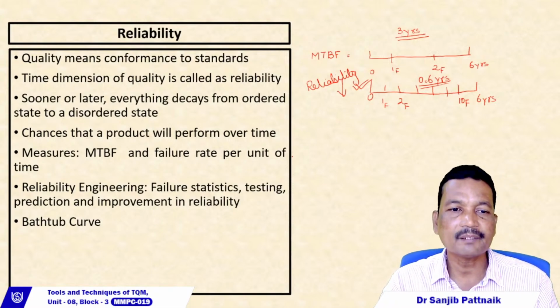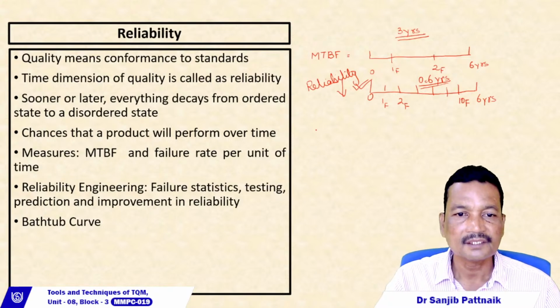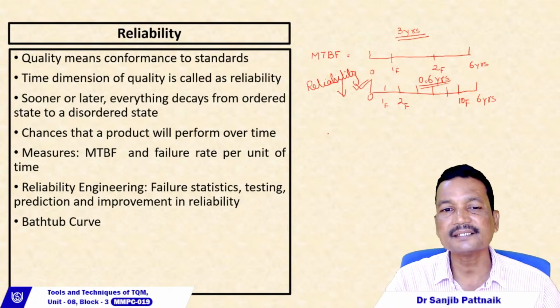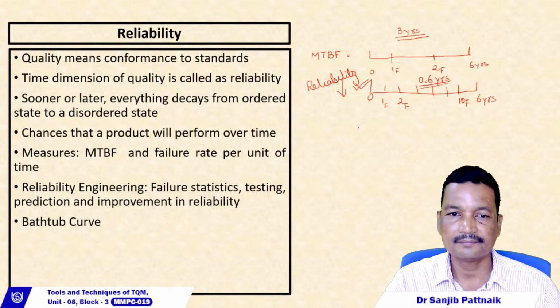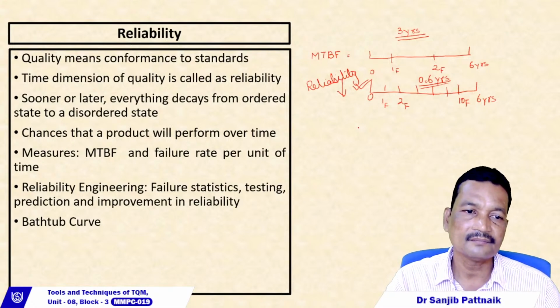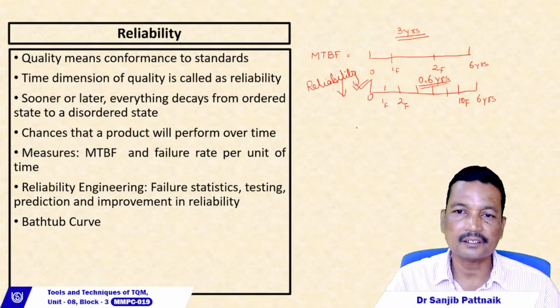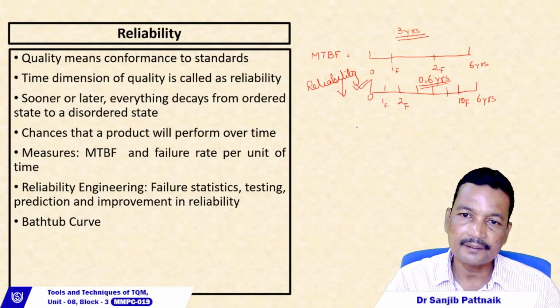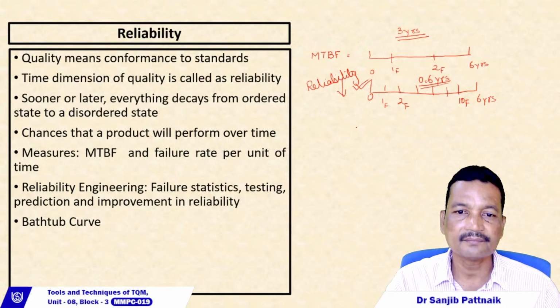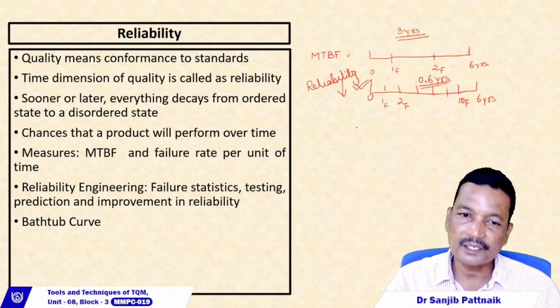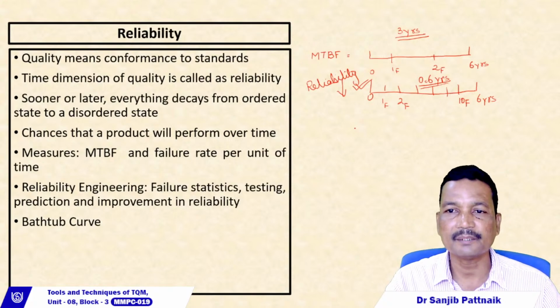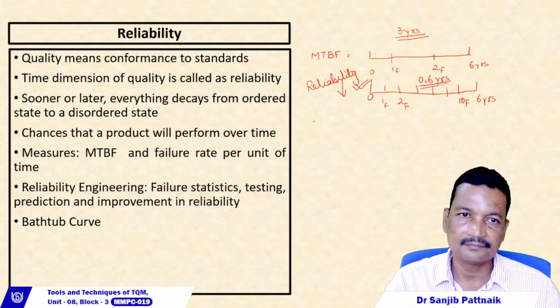So what does reliability engineering do? Now it takes failure statistics, tests, predicts, and brings about improvement in reliability. So we can say reliability engineering focuses on why the product is failing, how can we improve it so that reliability can increase.